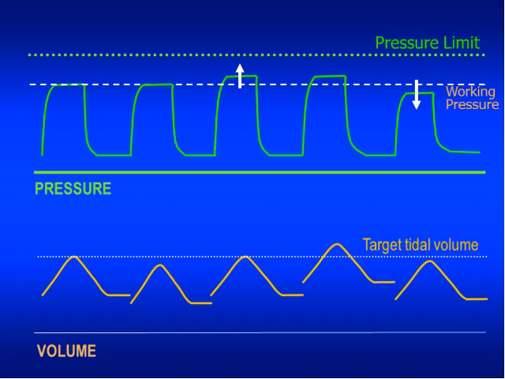But if now the tidal volume exceeds the target, the pressure will be reduced for the next cycle. Now there's a secondary safety control, and that is if the tidal volume during the inflation hits 130%, so overshoots by 30%, the breath will be terminated at that point, and exhalation will begin.